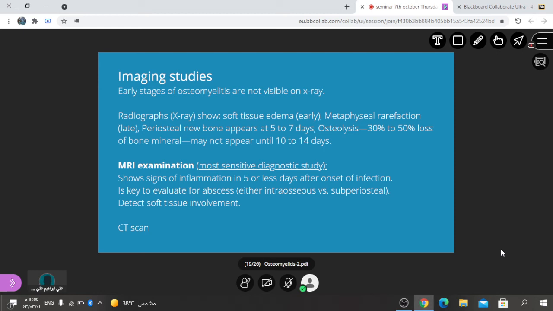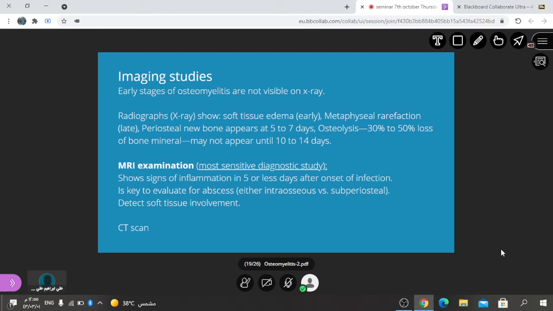Radiographs, X-ray, may show edema and metaphyseal rarefaction, but both are late, and even early means not less than 1 week. Periosteal new bone formation can appear at the end of the first week after the onset of osteomyelitis. Other features seen on X-ray appear mostly after many days.